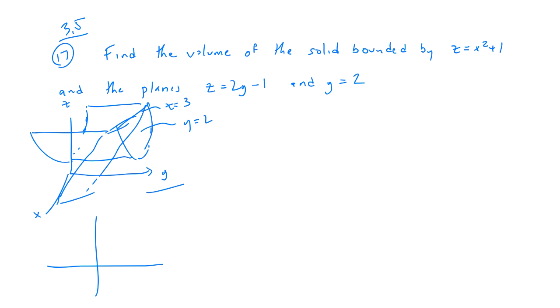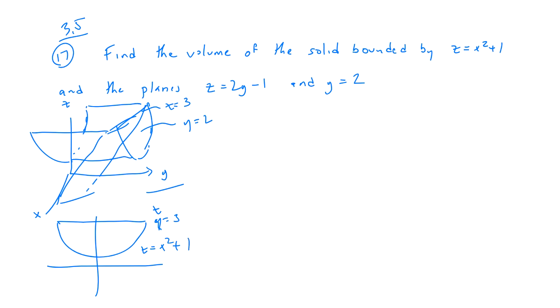The parabola. In fact, what I have right in the front there. So I'm going to get this thing, except z equals 3. And z equals x squared plus 1.